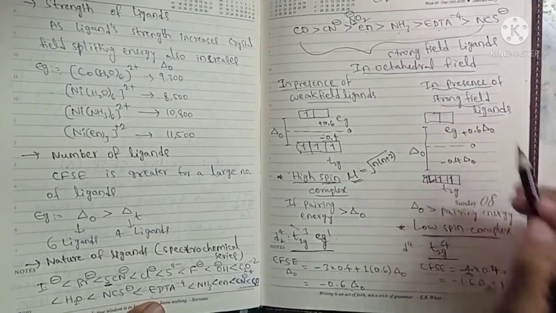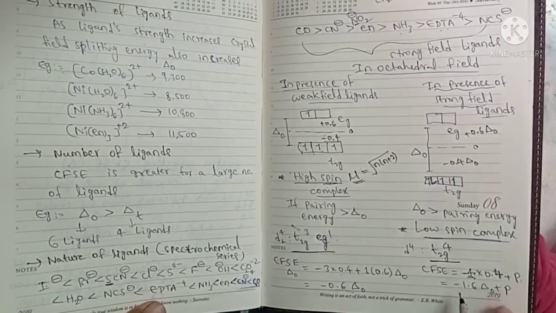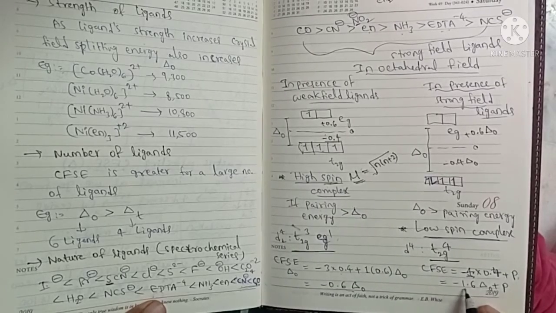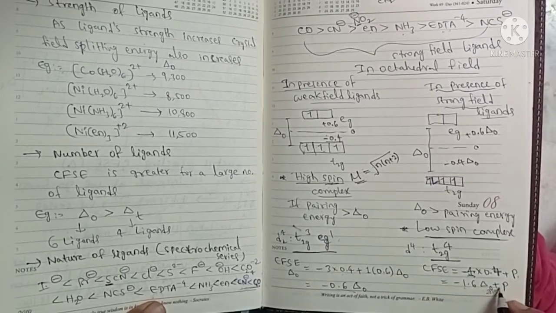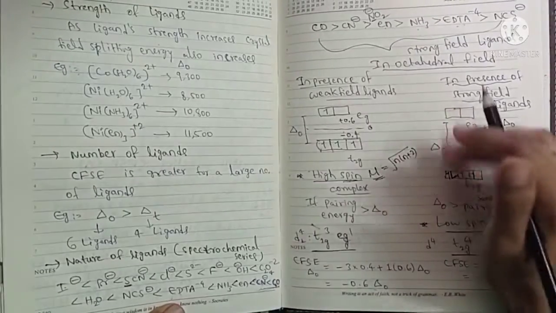There are no eg electrons, and there is plus pairing energy. So CFSE equals minus 1.6 delta naught plus pairing energy. This is the calculation of CFSE values.